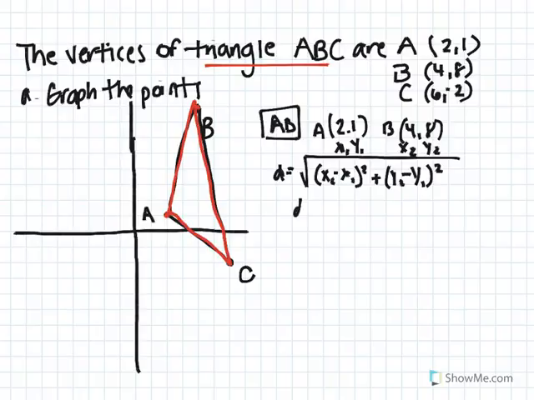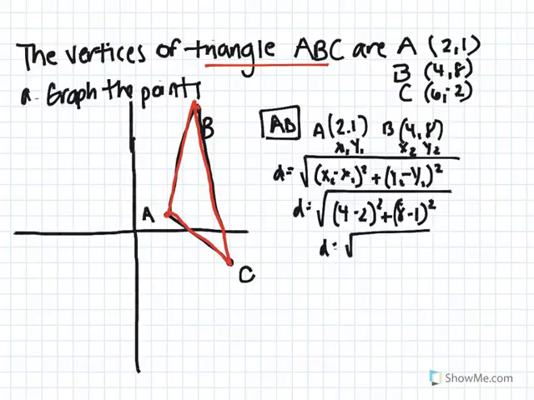I have x2, which is 4, minus 2, squared, plus 8 minus 1, squared. I have distance equals the square root of 2 squared plus 7 squared.